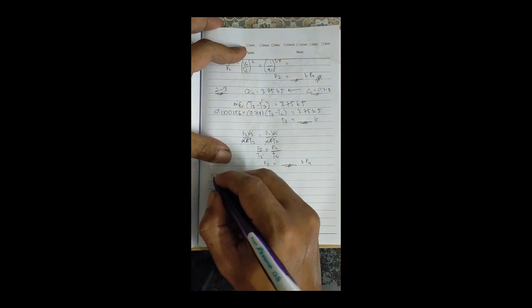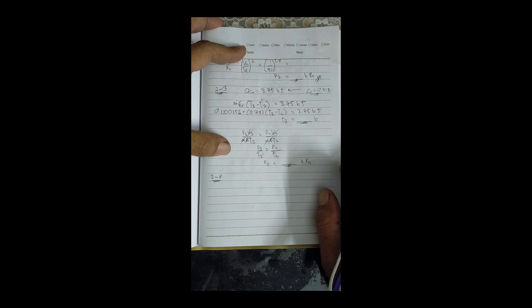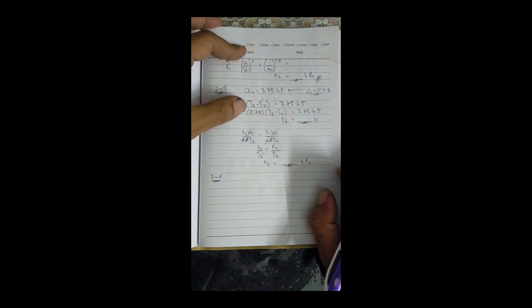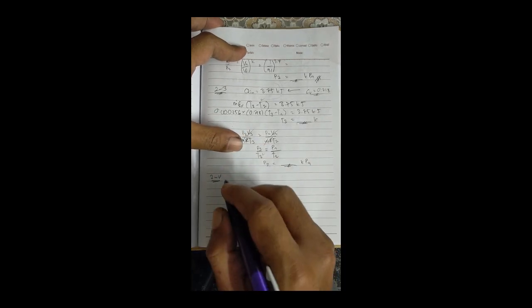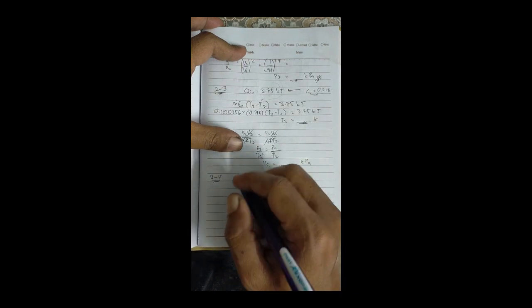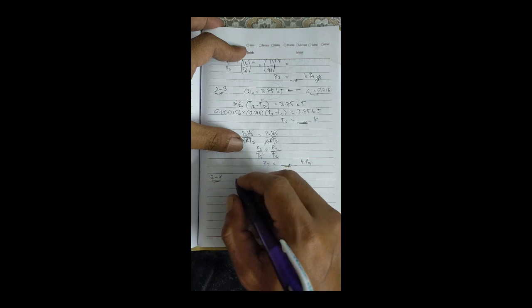So we move on to 3 to 4. This is much similar to 1 to 2 because it's an isentropic expansion. It's not compression, but expansion.